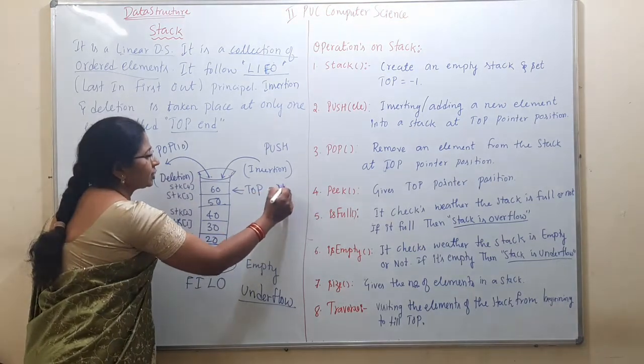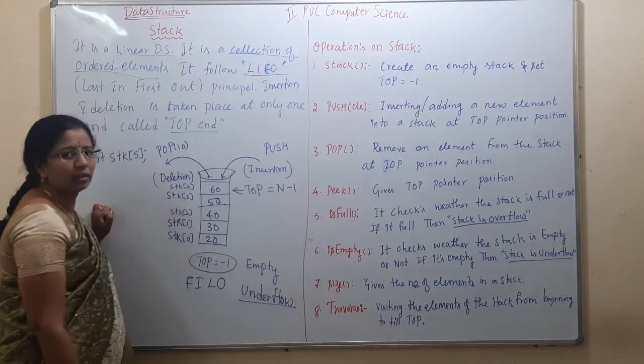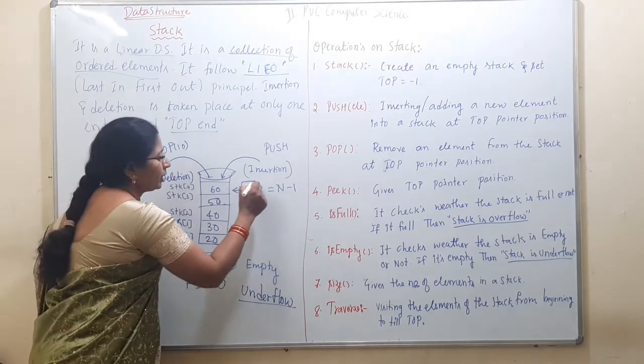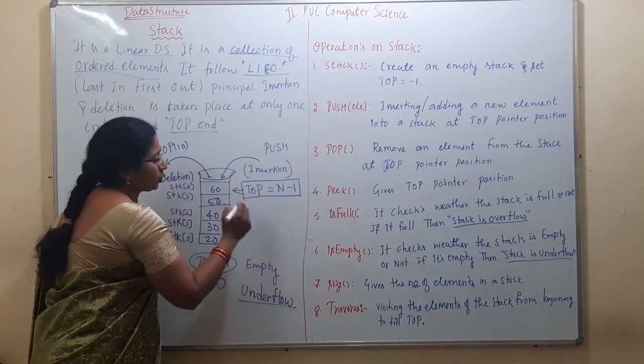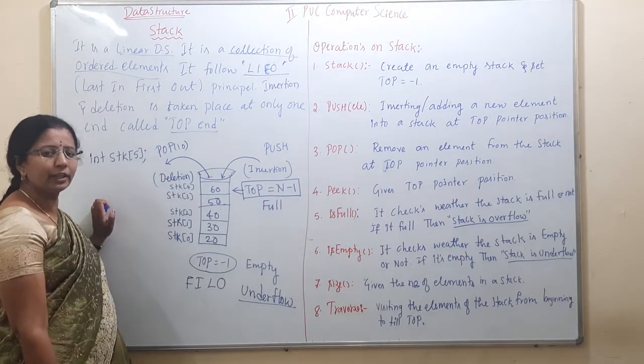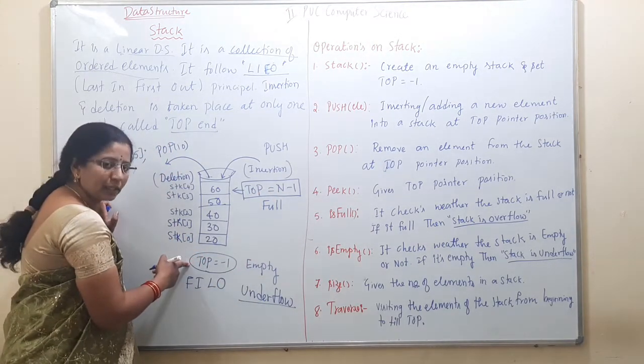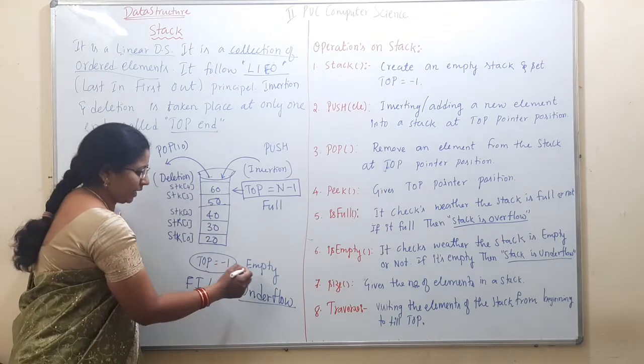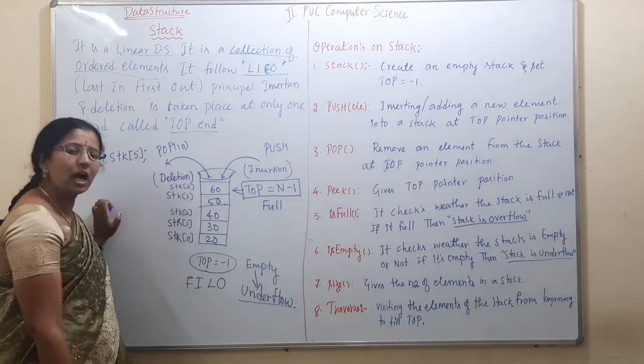When the top pointer reaches n-1, then the stack is full. Are you getting the concept? If the top pointer is set to -1, the stack is empty, and we call that underflow.